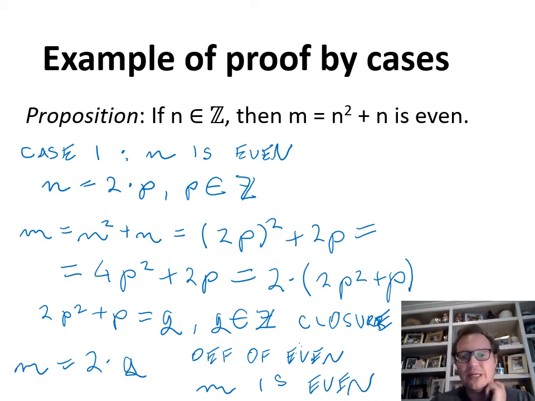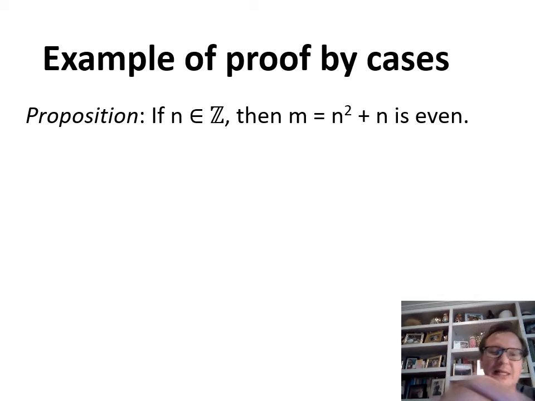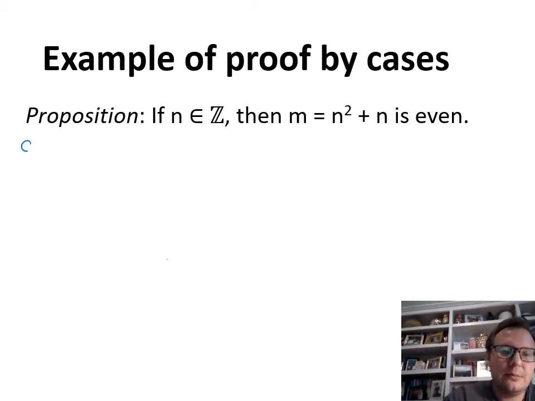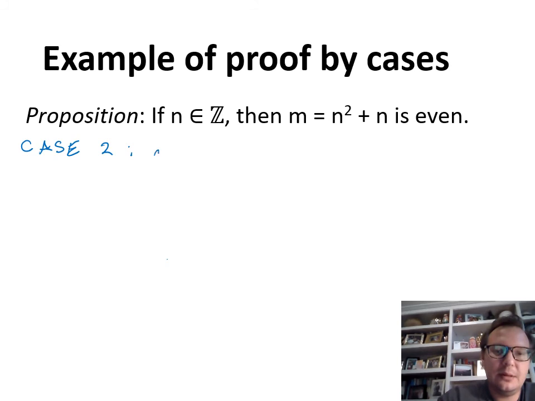So that proves our case 1, where we proved that when n is even, m is also even. Now we still have to do case 2, which is the case when n is odd.